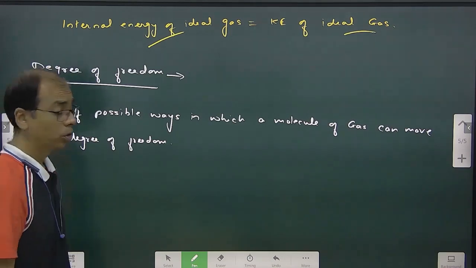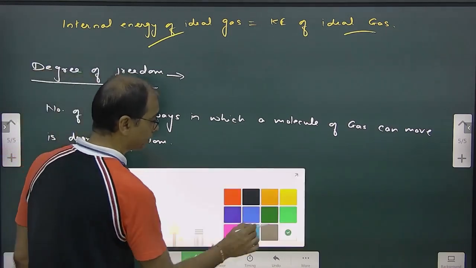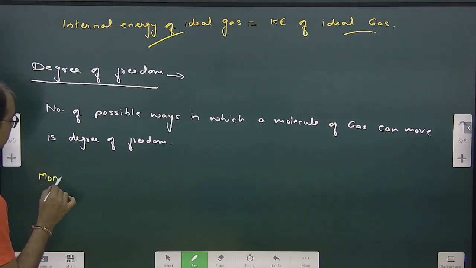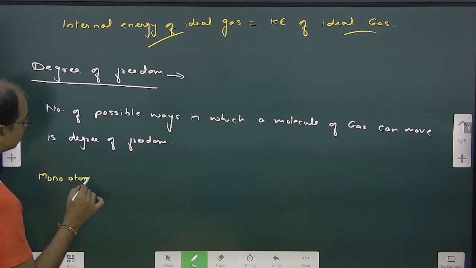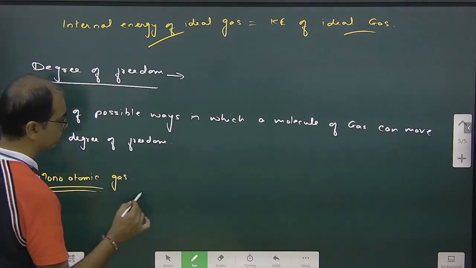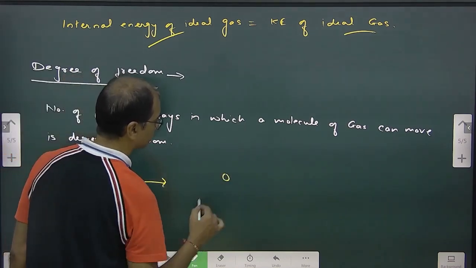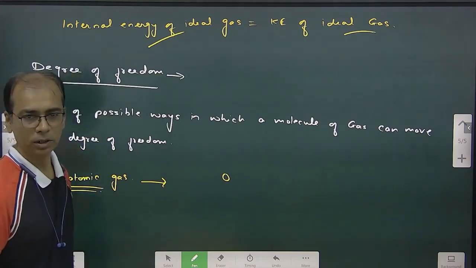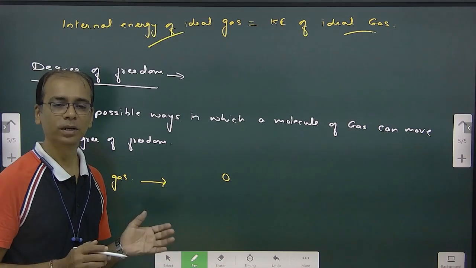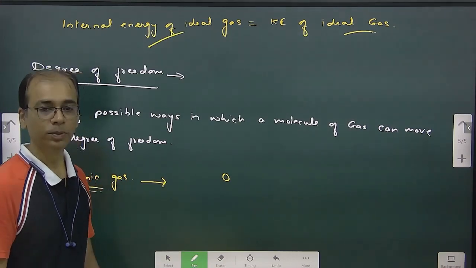Now let's talk about monoatomic gas to start with. Monoatomic gas means a single atom is there. A single atom when given temperature cannot store the energy. So what will it do? It will start running. Which way can it run?